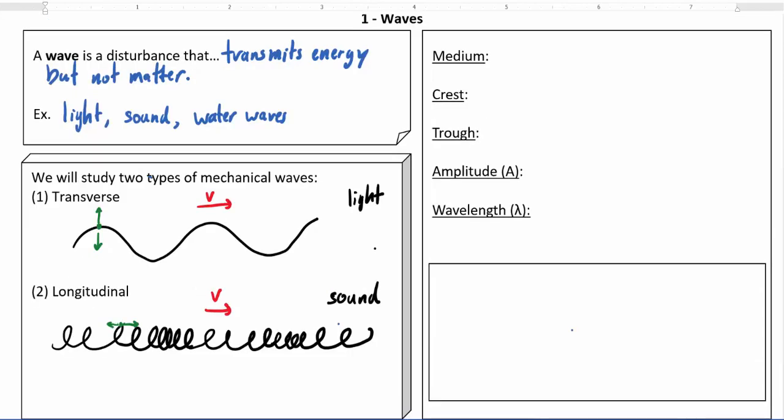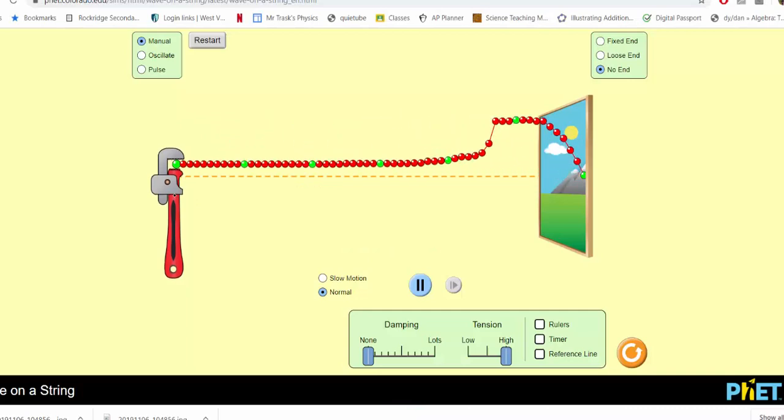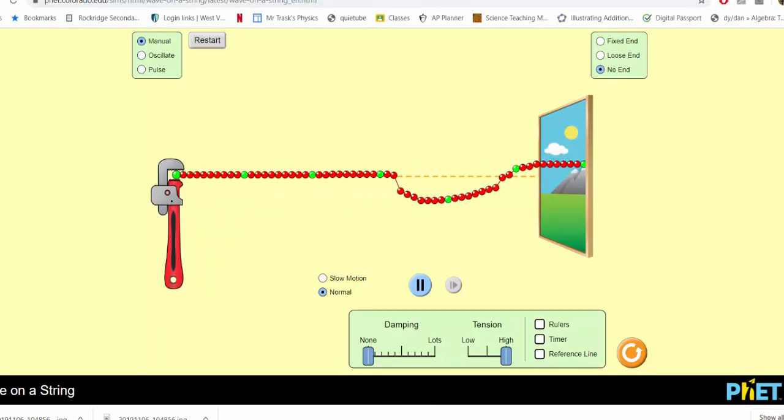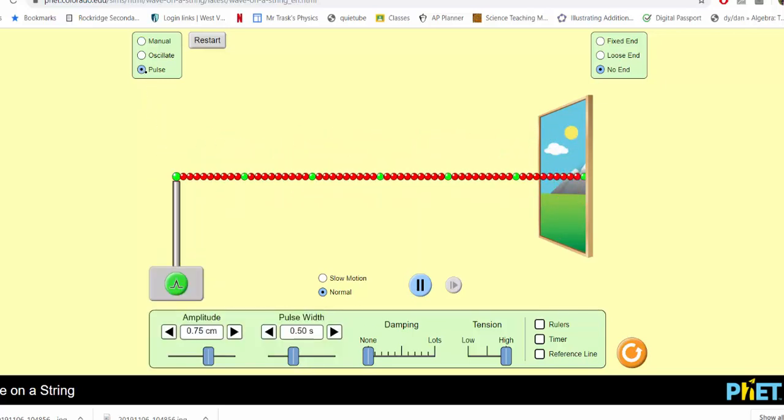So if we look at an example of a wave here really quickly, you'll see that if I disturb this string, whichever way I move it, a wave travels through the spring. Now that's a single pulse. A single pulse of a wave just happens when you have a single disturbance, and that pulse travels along through the wave.